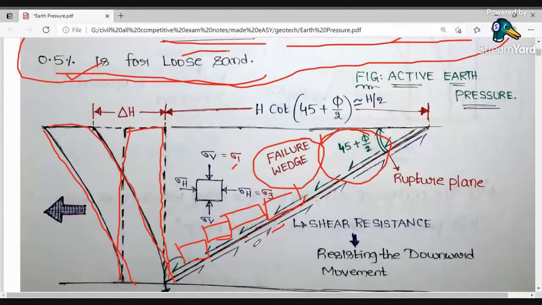So the plane which is developed is known as the rupture plane, and the resistance offered by the particles is the shear resistance. Okay, this shear resistance will try to resist the downward movement, right?